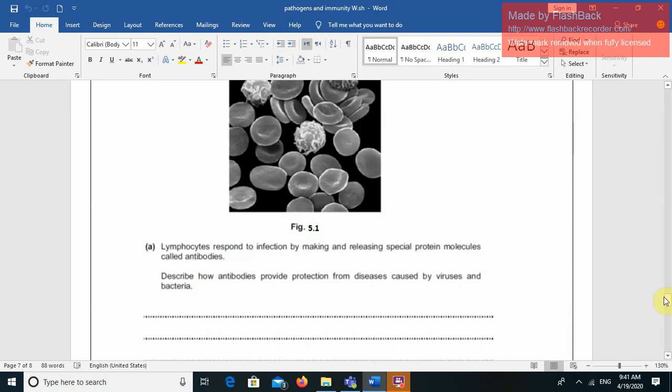Number 3, they divide and divide. Also, they produce toxins. After they immobilize, they produce toxins to kill or to destroy the pathogen.